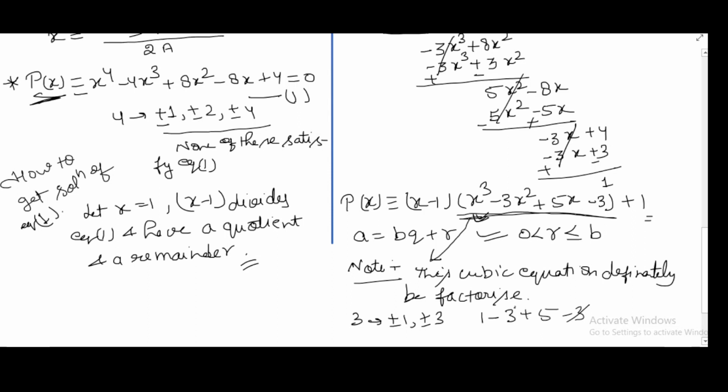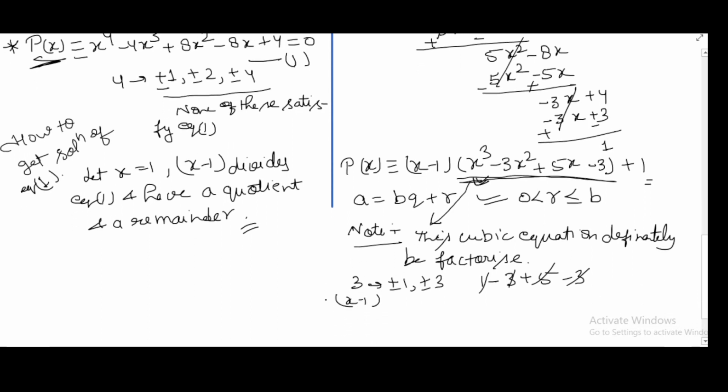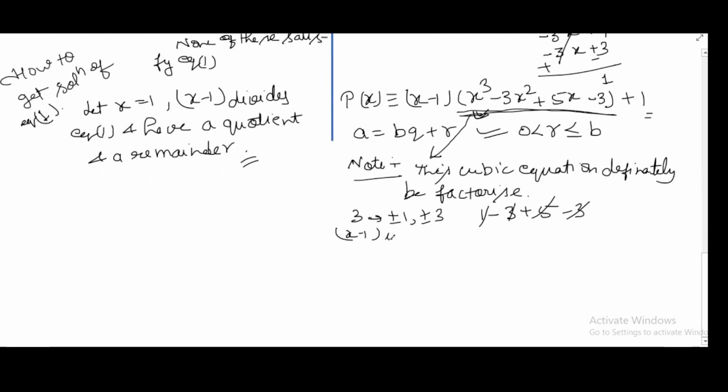So minus 3 minus 3 is minus 6, 5 plus 1 is 6. So here we see that x equal to 1 will satisfy this equation. Okay, that means x minus 1 is a factor of x cube minus 3x square plus 5x minus 3.